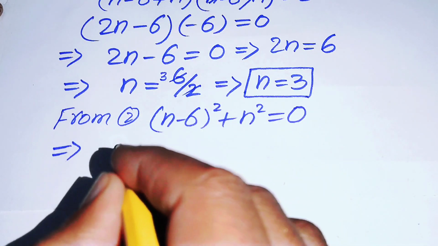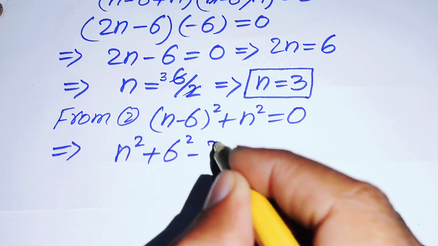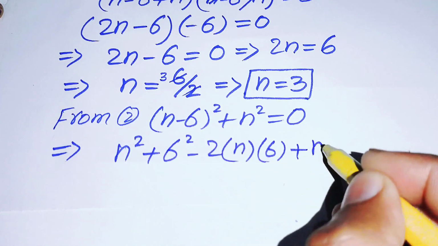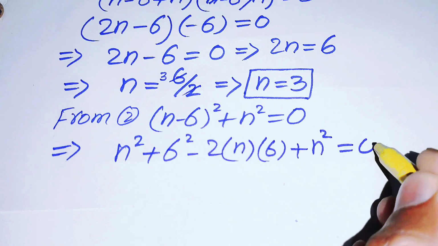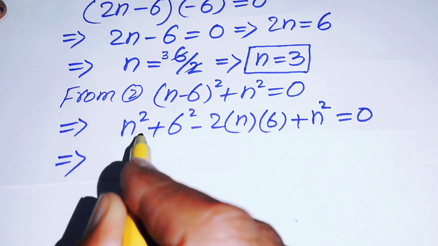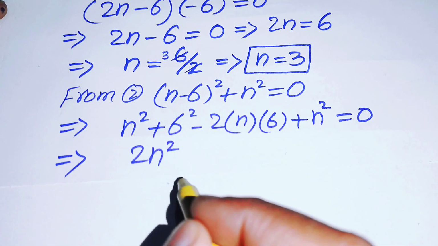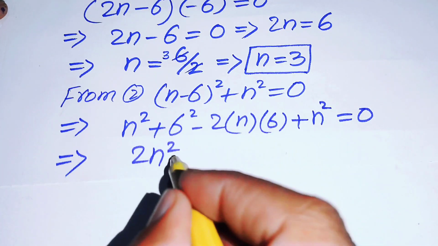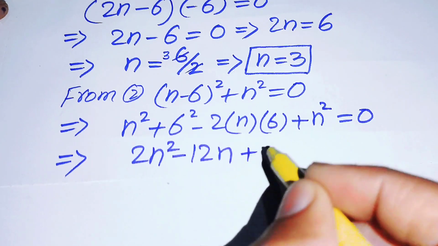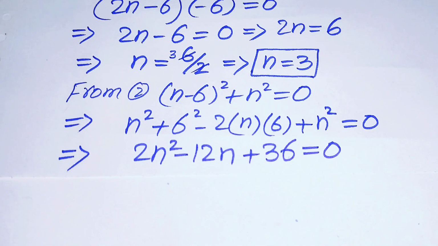When you open the square of this term, then you get n^2 + 6^2 - 2 times n times 6 + n^2 = 0. So here we simplify the terms and we write it as n^2 + n^2 equals 2n^2, and we have 2 times 6 equals -12n, and 6^2 will become 36, and this whole equation equals 0.